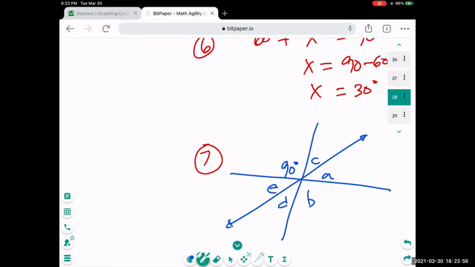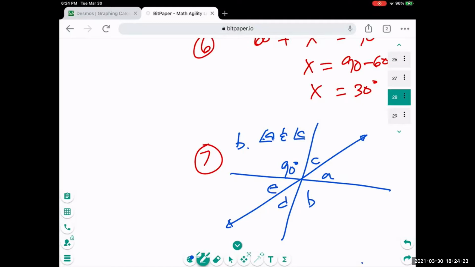A and C would give us complementary angles, right? So letter B is the answer. Angle A and angle C are complementary angles. B and D are not. Angle C and D are not, but they are vertical angles. Okay, so let's move to question number 8.